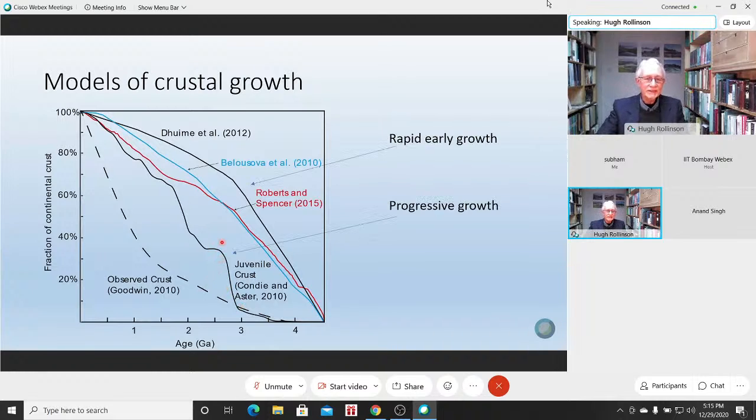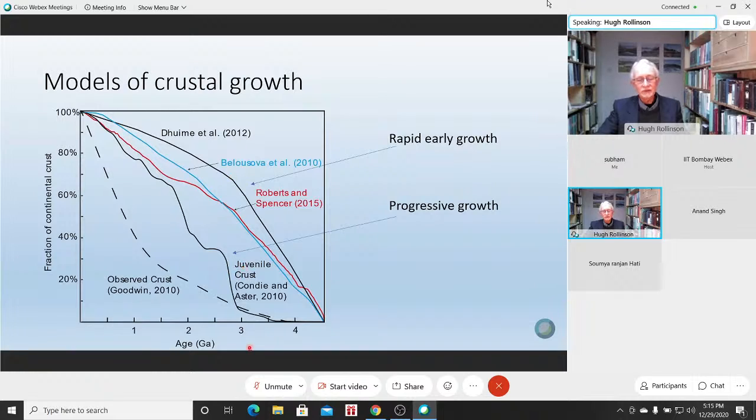And there are two basic types of model. There are models which imply the Earth's continental crust grew very rapidly over geological time. In this model, the one by Dhuime and others, published in Science in 2012, we see that maybe 70% of the Earth's crust had been formed by about 3 billion years.